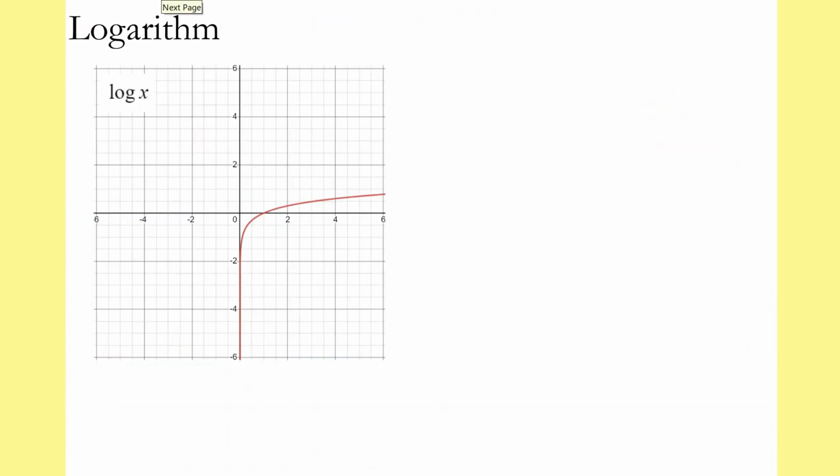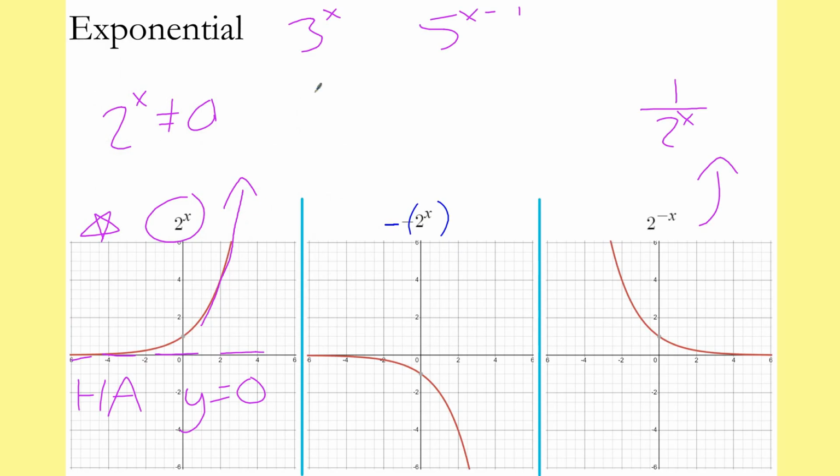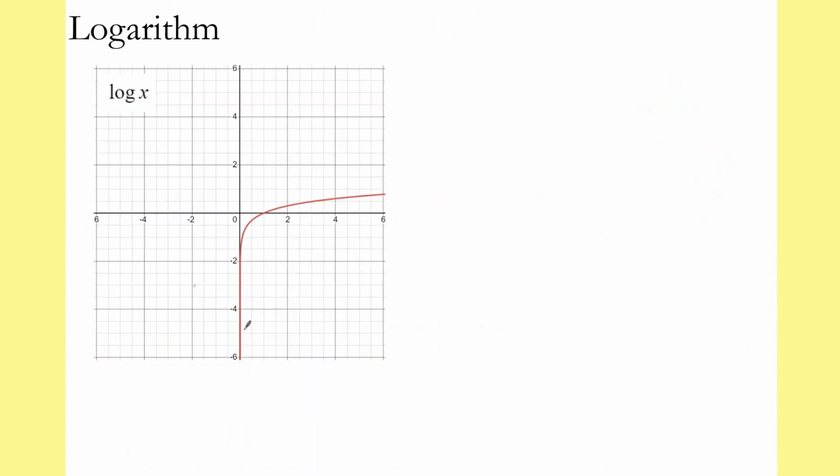Let's see, logarithms. Notice these look very similar, and that's because they are inverses of your exponential. See how this one is going this way? Over here, it's going the other direction. So I'm going to write it's the inverse of exponential.